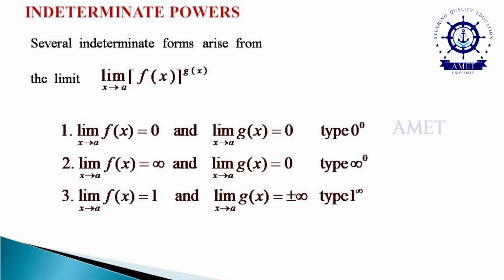In this type of indeterminate powers, what do we have to do? We take the given original problem as y equal to f of x power of g of x. Then we take log on both sides, so log y equals g of x into log of f of x.